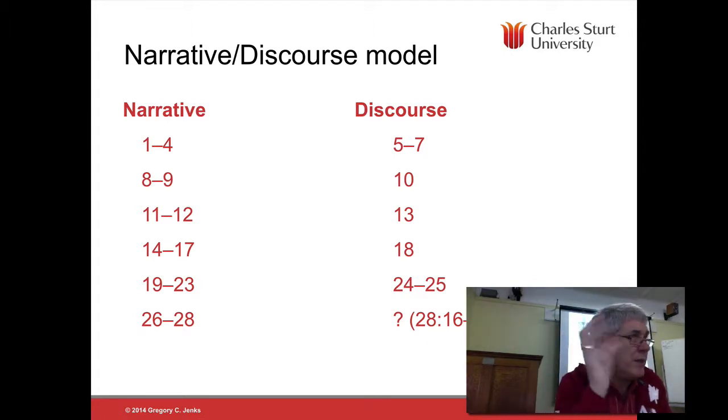So possibly verses 16 to 20 are just the little discourse that wraps up the gospel, the discourse of the Great Commission. But most people would just see 26 to 28 as narrative. I'm just raising the possibility that maybe the last episode is the little micro discourse that ends the gospel. And it's certainly the climax of the gospel.